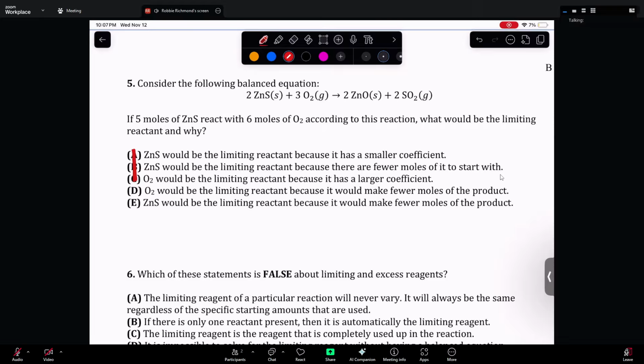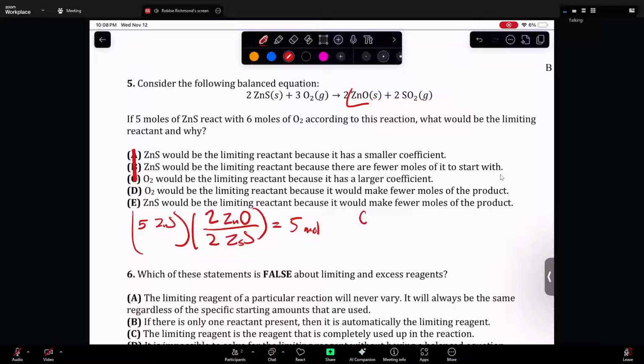So just by using our stoichiometric ratio, if I'm looking at 5 ZnS, I'm not even going to write moles just to save some time here. 2 mole of ZnS generates, let's just take ZnO, 2 for 2. We have 5 moles of product.